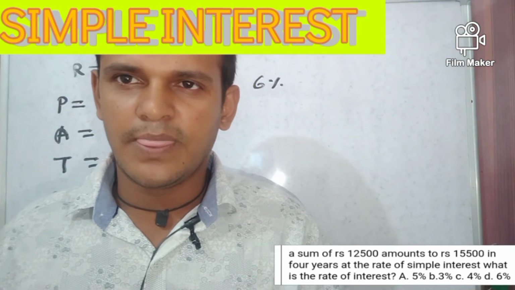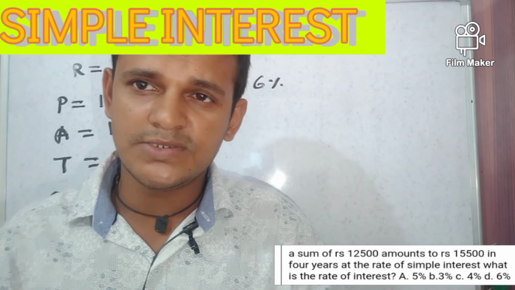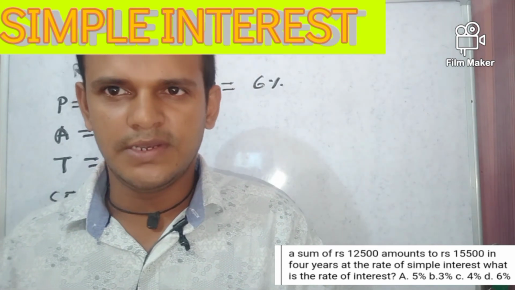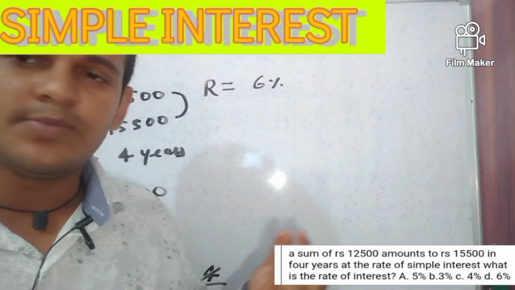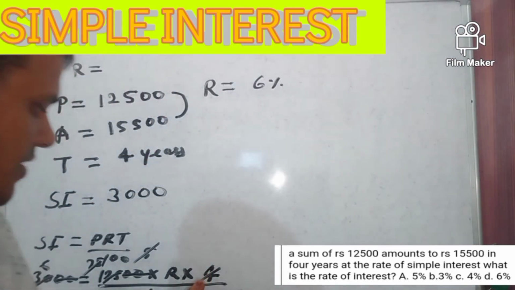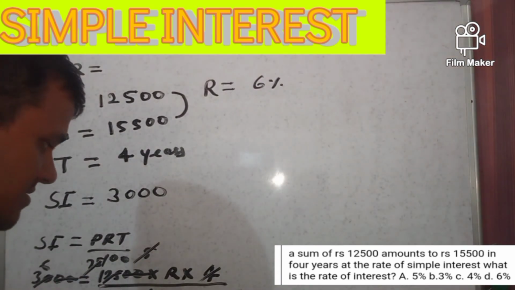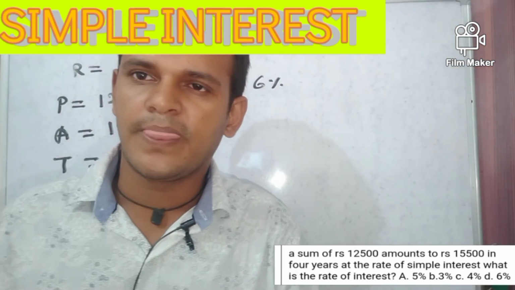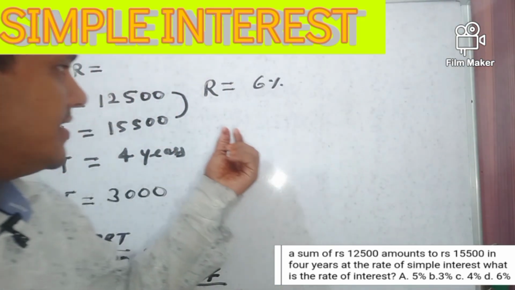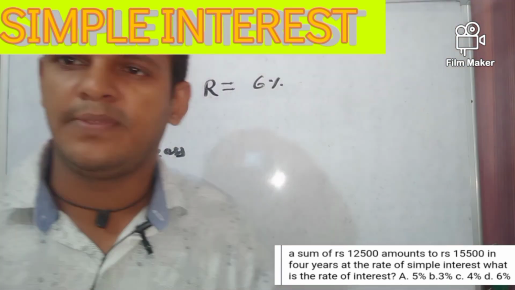Principal is given and rate of interest is not given, so keep it R. Okay, and time is 4 years, so substitute here 4 years by 100. After calculation we found 6%, so rate is 6% of this question.